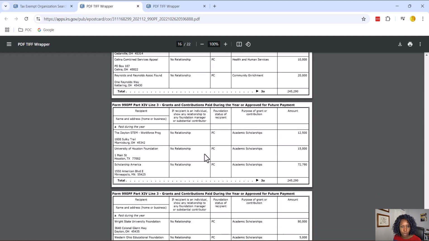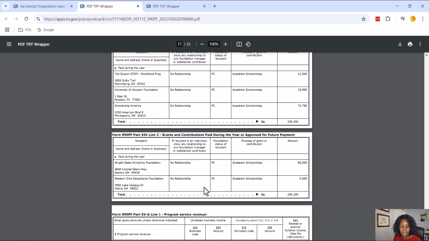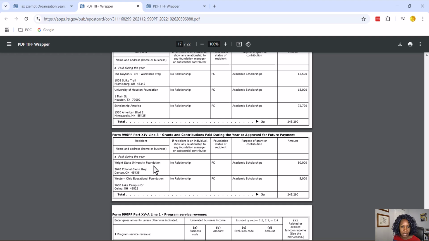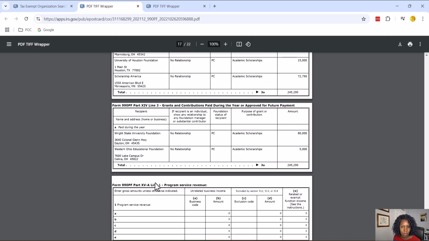So in 2021, again, academic scholarships, Dayton STEM Workforce Program Foundation, University of Houston Foundation, Scholarship America, Wright State, Western Ohio. So Western Ohio was not a first-year grant because they were funded in 2021. So I don't know, they must receive $5,000 every year.